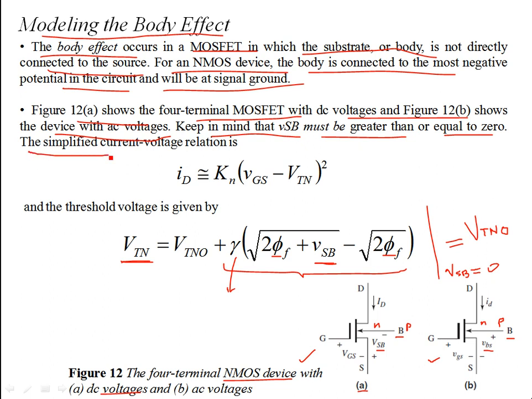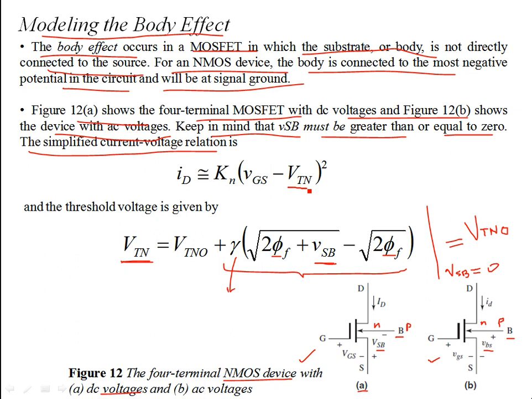So for the simplified current voltage relationship, for the MOSFET to operate as a linear amplifier, it has to be biased in the saturation region. So this is the saturation current, which has the threshold voltage.